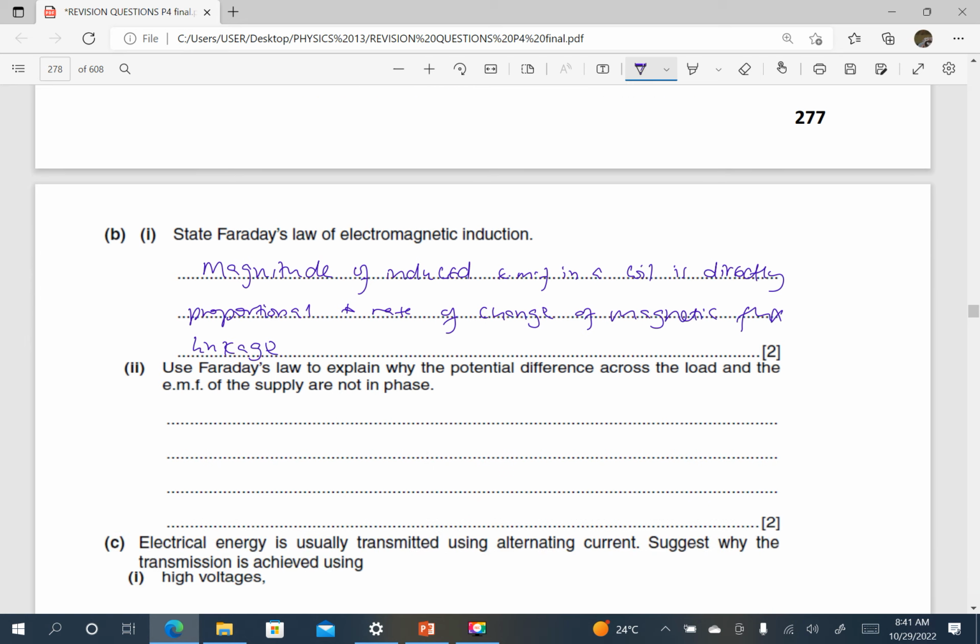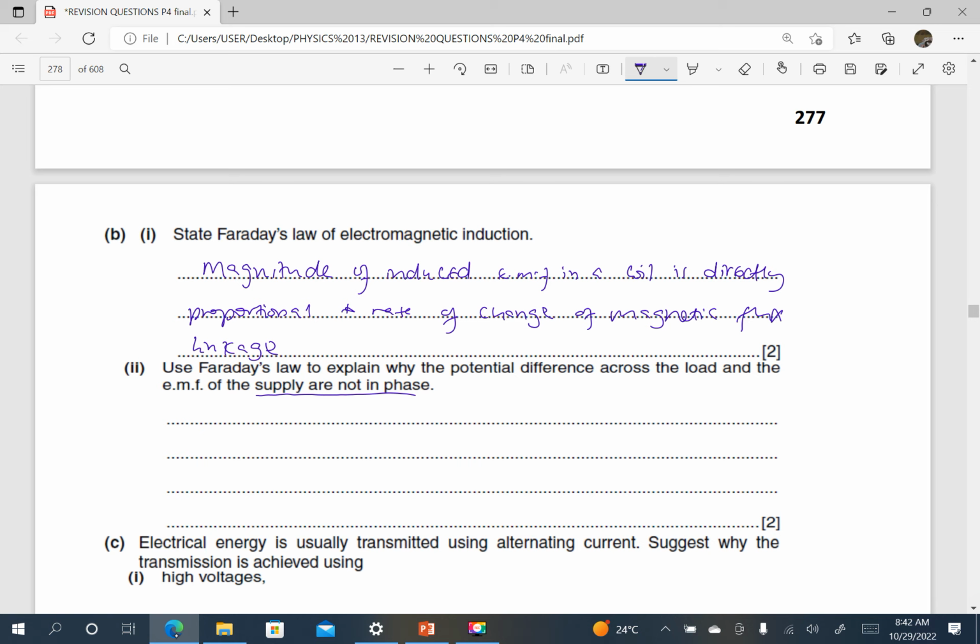Use Faraday's law to explain why the potential difference across the load and the EMF of the supply are not in phase. When we were explaining the principle of operation of a transformer, we noticed that actually the potential difference across the load, that is the secondary, was not in phase with that in the primary. That is just in accordance with Faraday's law.